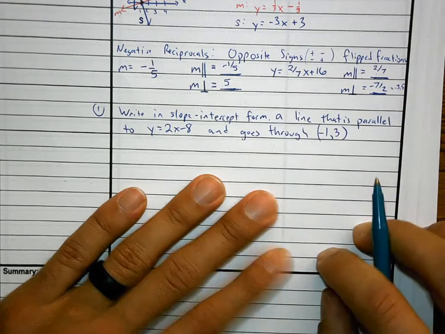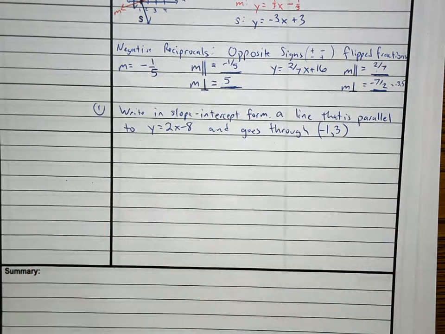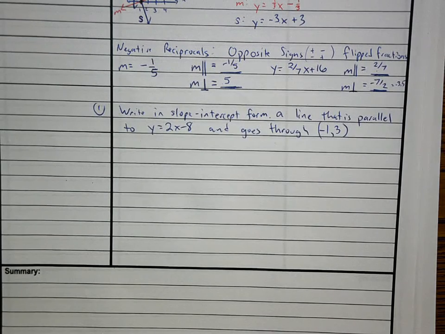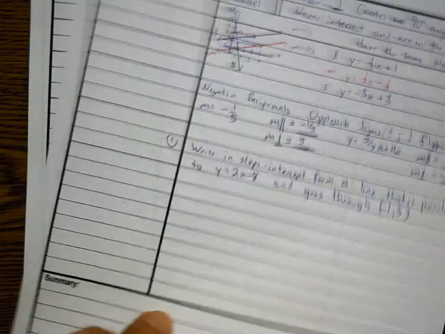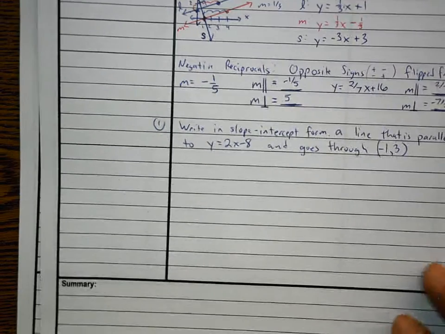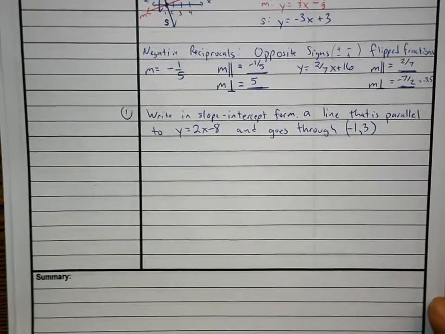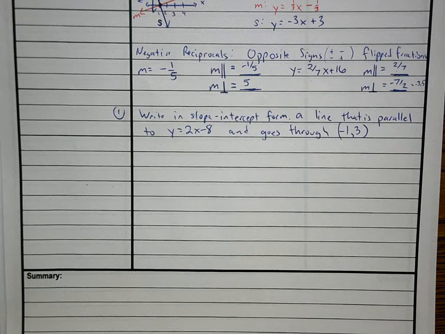Okie dokie. So here's what number 1 looks like on your worksheet. Write in slope-intercept form a line that is parallel to y equals 2x minus 8 and goes through negative 1, 3.